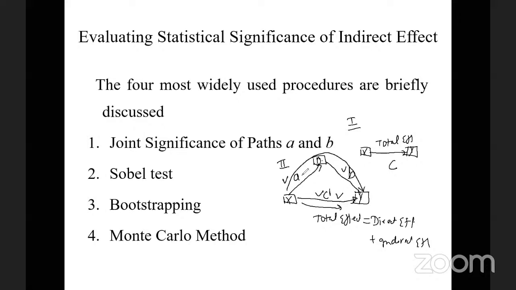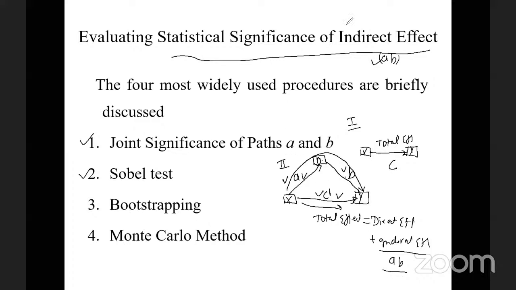But the indirect effect is the multiplication of a and b. Individually we know a and b are significant, but for the multiplication of a and b, we do not know whether it is significant or not. So we use four methods for evaluating the statistical significance of the indirect effect. Indirect effect means a and b.